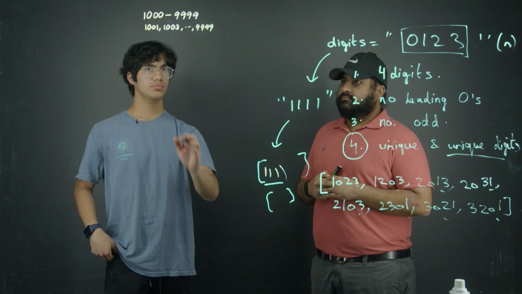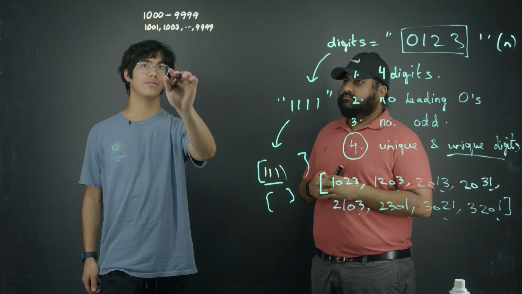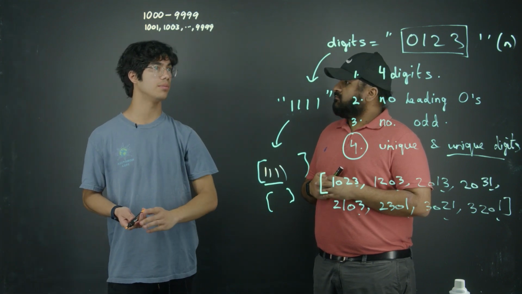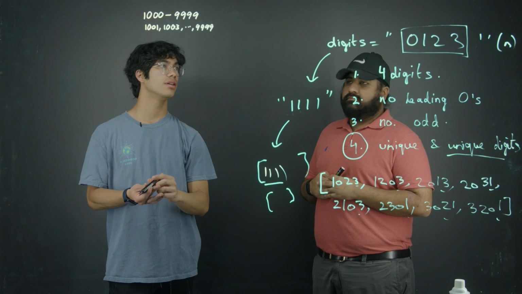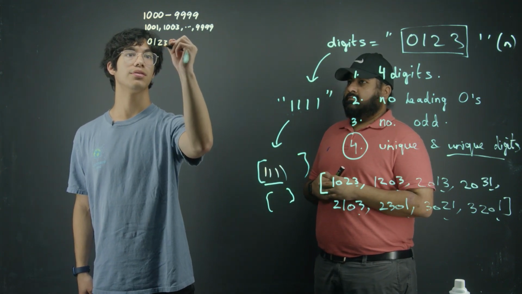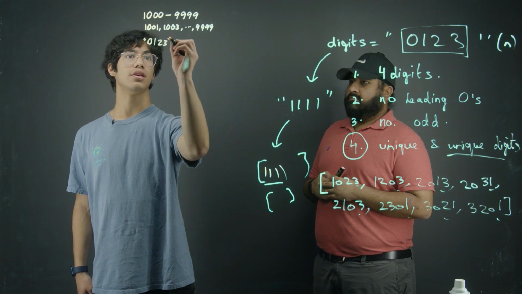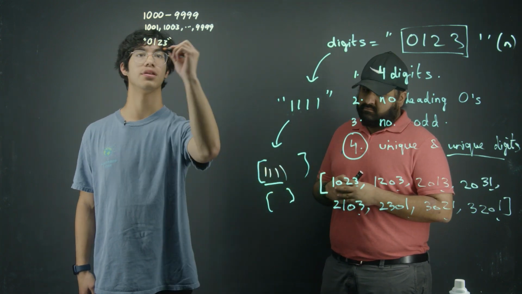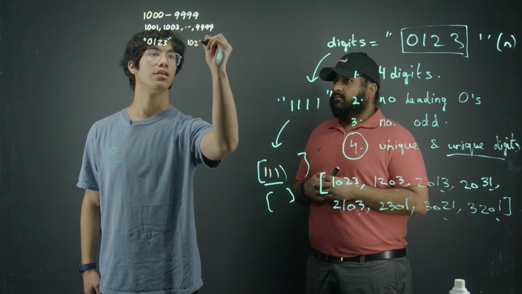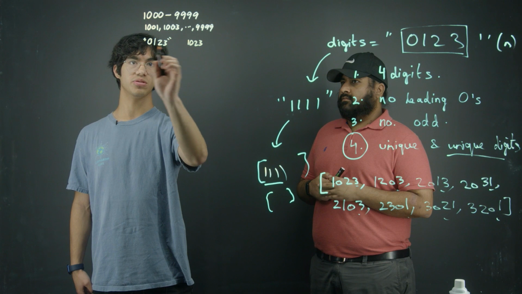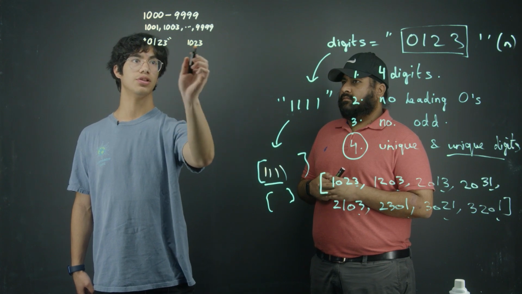And then from there, all we would have to do is, for each of these numbers, check if we can actually form them from the digits we have. So 0, 1, 2, 3, 0, 1, 2, 3, for this example, when we stumble upon the first number 1023, we're going to say, okay, 1 is in here, 0 is also in here, 2 is in here, and 3 is in here.